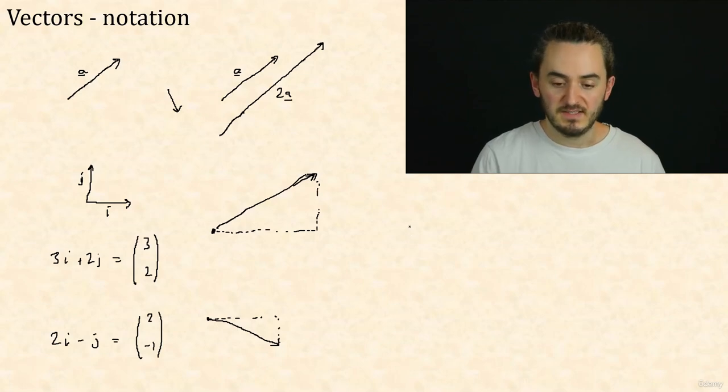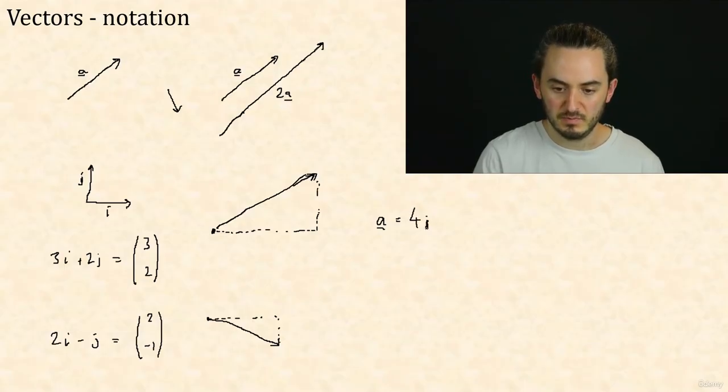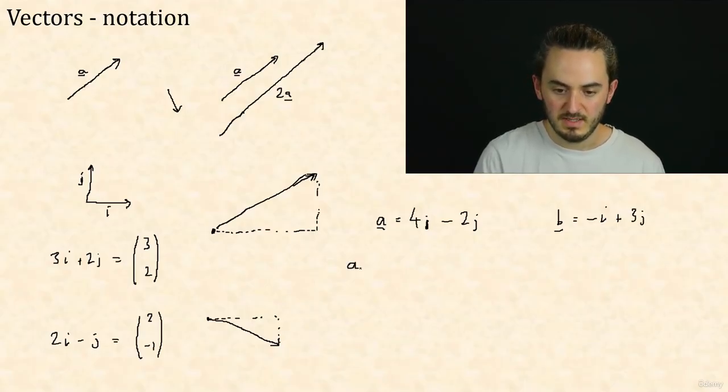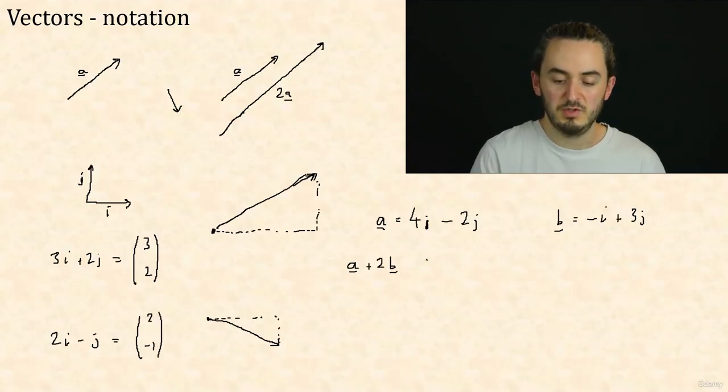Now we can add vectors together. So for example, if a is the vector 4i minus 2j, and if the vector b is minus i plus 3j, well, what would the vector a plus 2b be equal to?